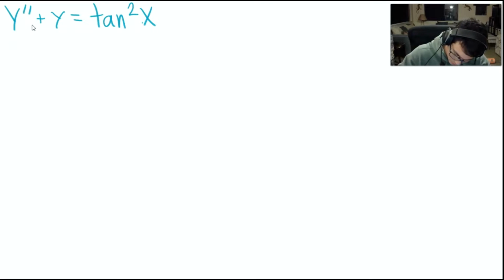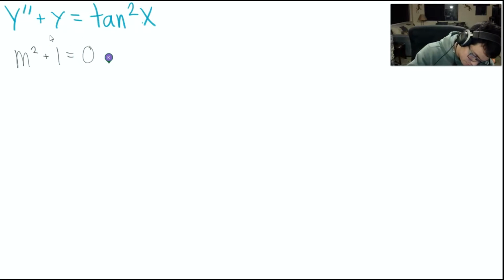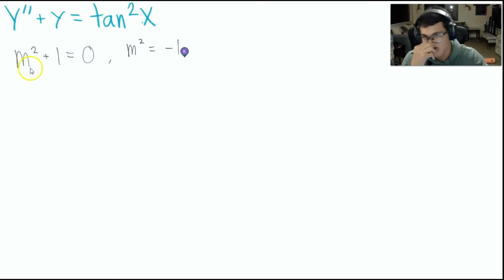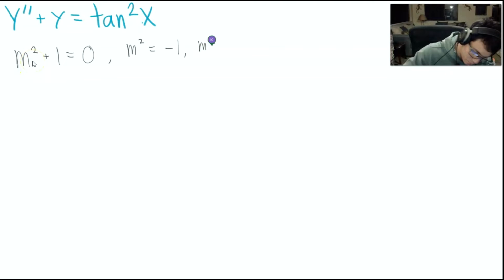Nonetheless, let's go. Similarly, you always find m squared plus 1 is equal to 0. So m equals plus or minus root of negative 1, which is equal to 0 plus or minus i, which is equal to alpha plus or minus beta i.